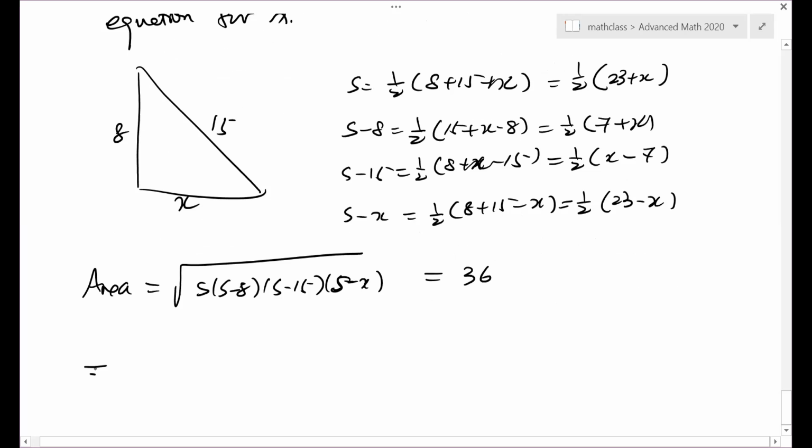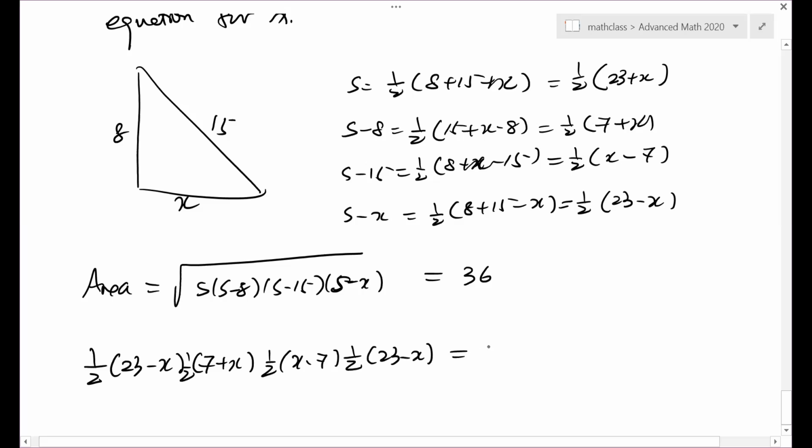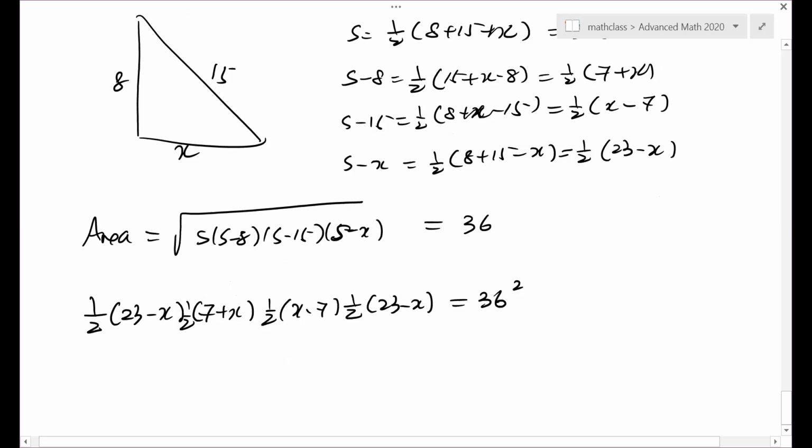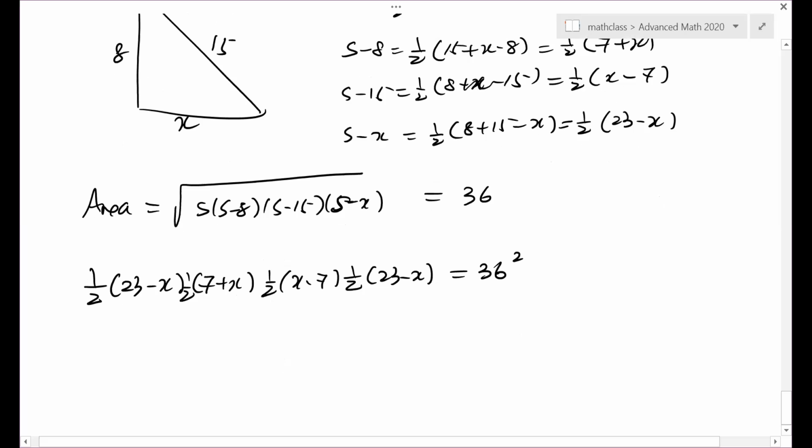We get half of 23 minus x, half of 7 plus x, half of x minus 7, half of 23 plus x, and that is supposed to be 36 squared. It's not too bad. This is an algebraic question.